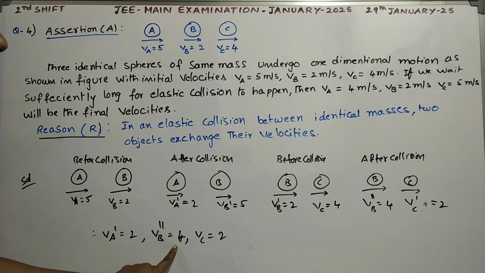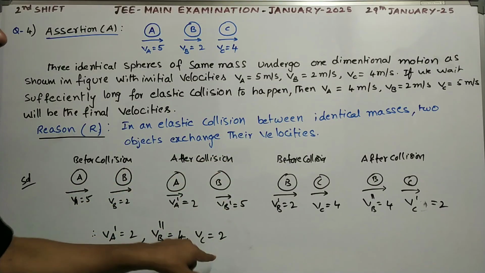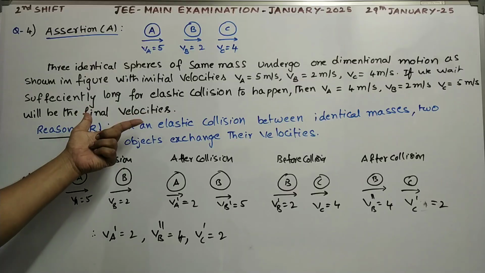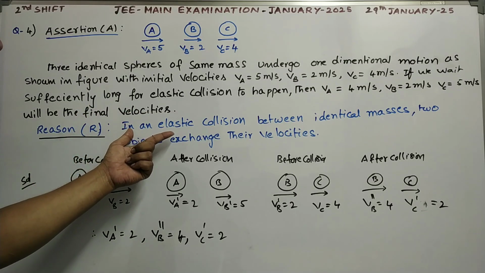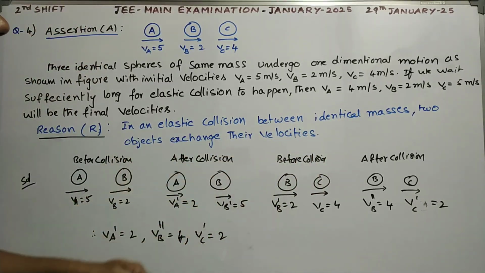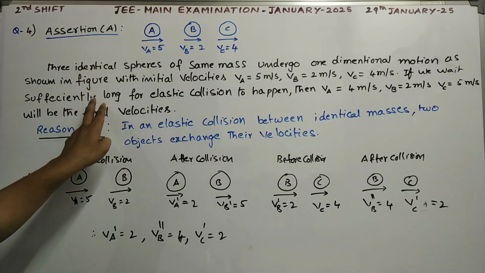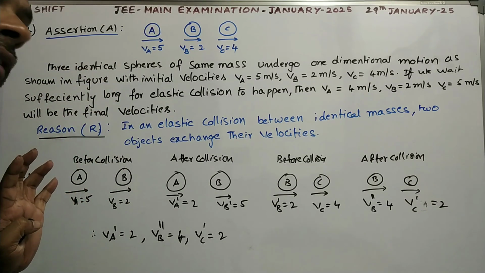VB is equal to 2, it is wrong. VC is equal to 5, but we get 2. So the assertion is wrong. But the reason may be correct. In an elastic collision between identical masses, two objects exchange their velocities. Yes, it is correct. So the answer for this question is assertion is wrong, reason is correct. Okay, that's it.